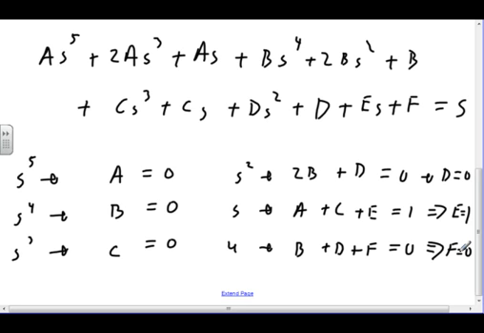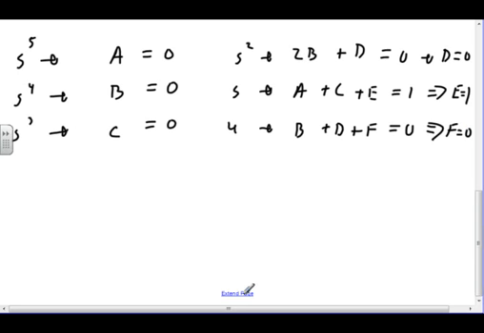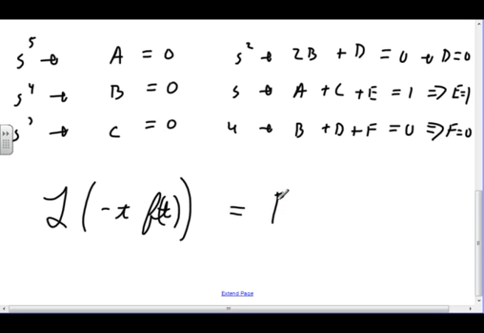All right, so my next choice is going to be, I'm going to use that the Laplace transform of minus t f of t is equal to the derivative of the guy that I have.